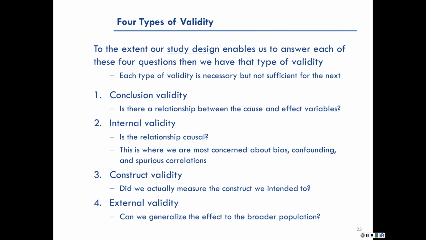If our sample was very specific, for example, say we did research on white male veterans at VA hospitals, then we are very unlikely to be able to generalize our findings to the broader population. You'll also hear researchers talk a lot about external validity.